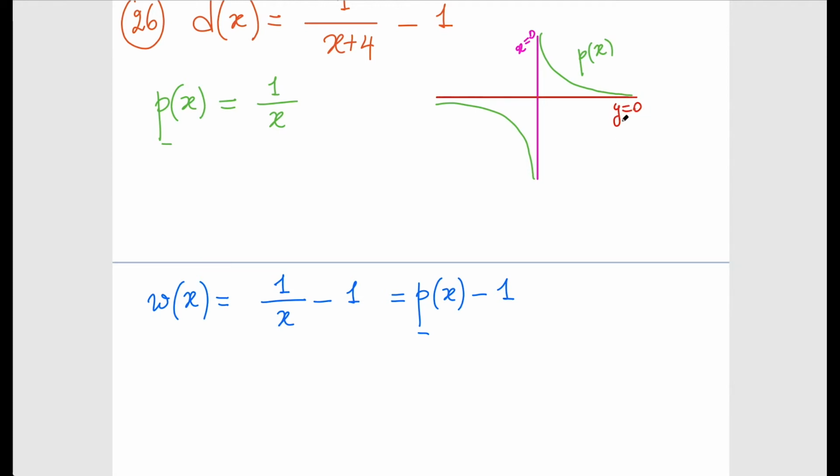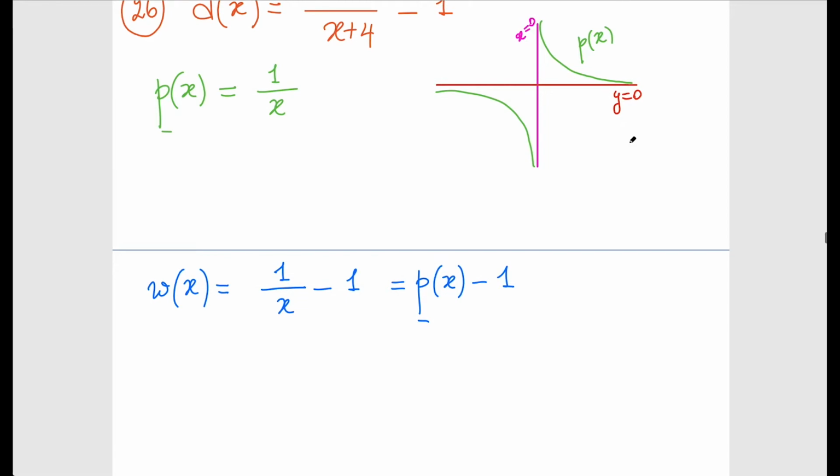So instead of y equals 0 as the controlling line for the end behavior, now we're going to have y equals -1 as the controlling line. That pink vertical asymptote is going to remain the same, and the horizontal axis now is not a controlling one anymore.